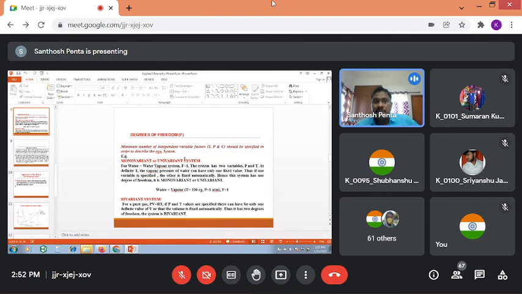Monovariant or univariant means one independent variable factor should be specified. Bivariant means 2 independent variable factors should be specified. Okay, that we will discuss.